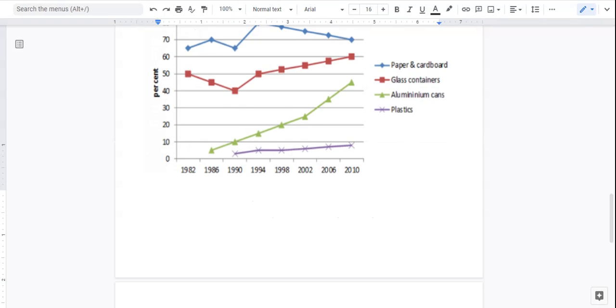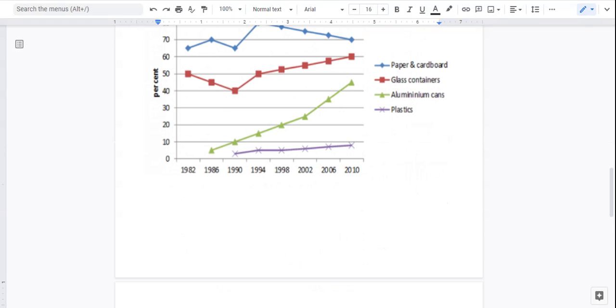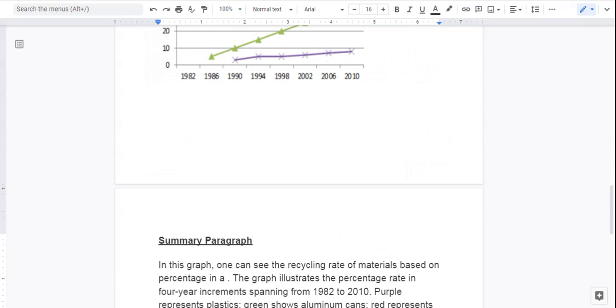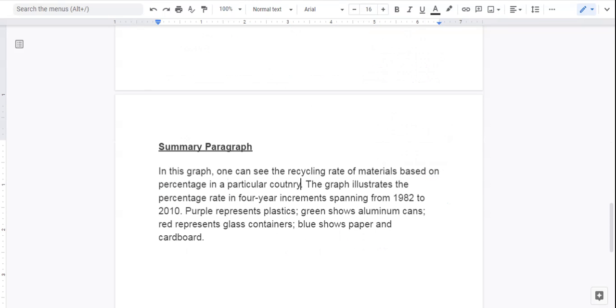And I think they said in a particular country. The graph illustrates the percentage rate in 4-year increments spanning from 1982 to 2010. I don't know why I can't spell country right, writers.